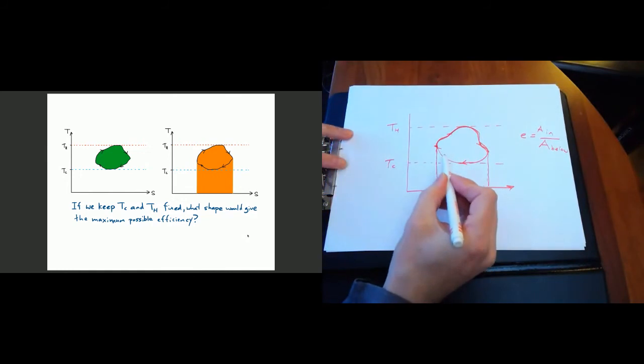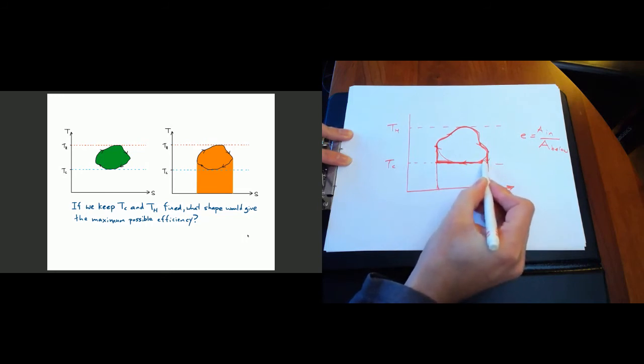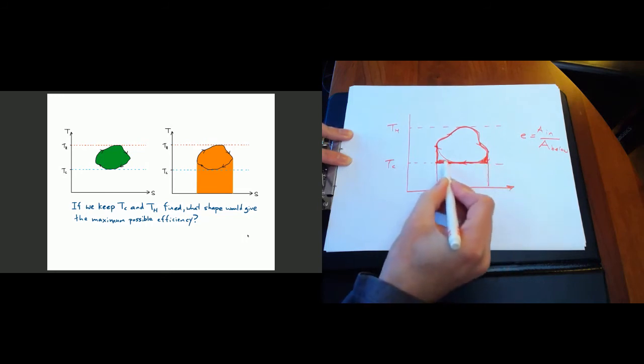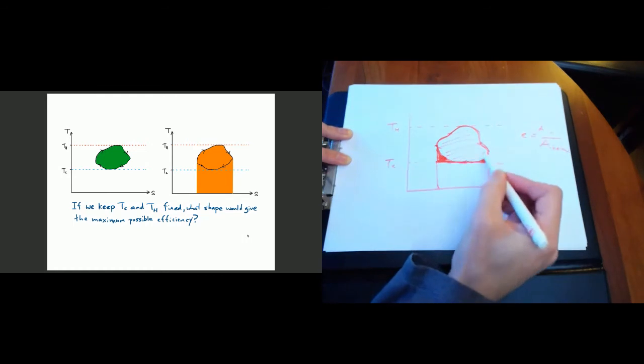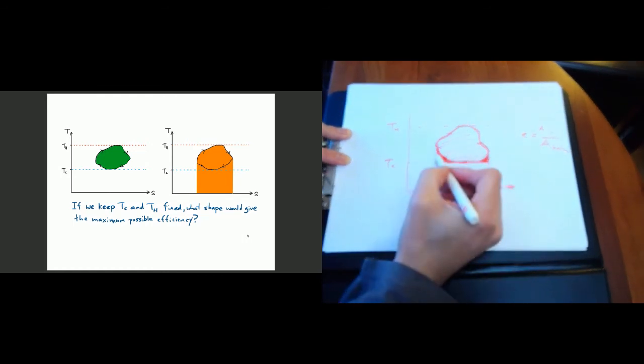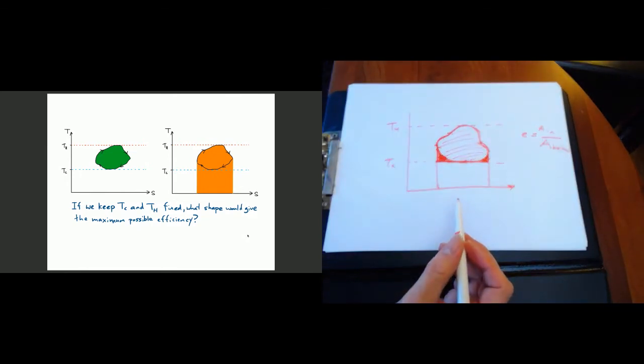We could modify our cycle to have a rectangular bottom like this. Then we would be adding this area here, so it would be part of the area inside, but it wouldn't change the area under the top curve. And so that would clearly be more efficient.